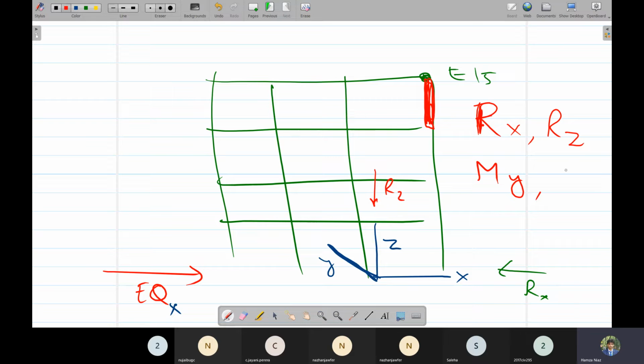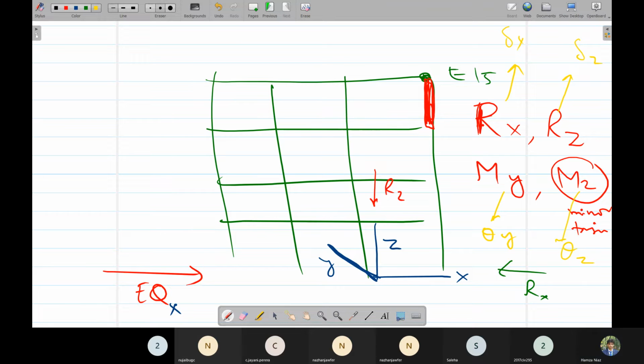And again, of course, we have some torsion also, so we can write it as Mz also, but it is minor, because this is torsion. We can just write it as Mz, torsion. So these are critical forces for this joint. If we have to write critical displacement as asked in the question, then simply Rx would produce delta x, Rz would produce delta z, My would produce theta y, and Mz would produce theta z.